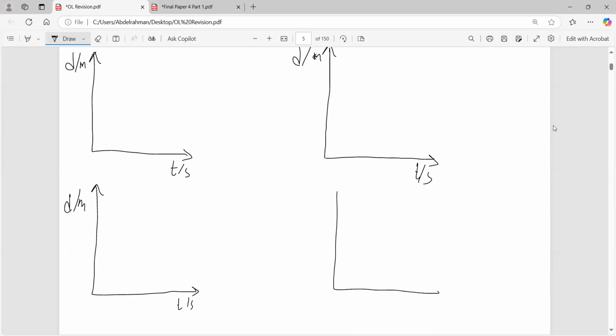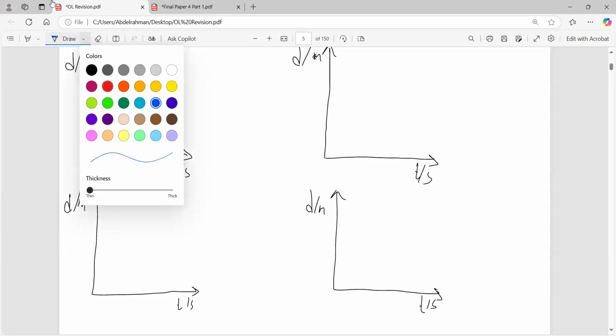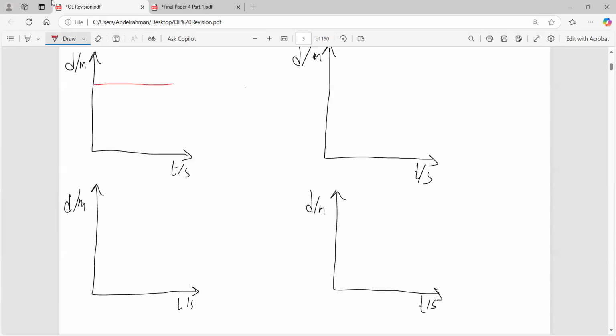We have four very simple distance time graphs. The first one we can draw this way. The second one we draw like this. The third one. And this is the fourth graph.